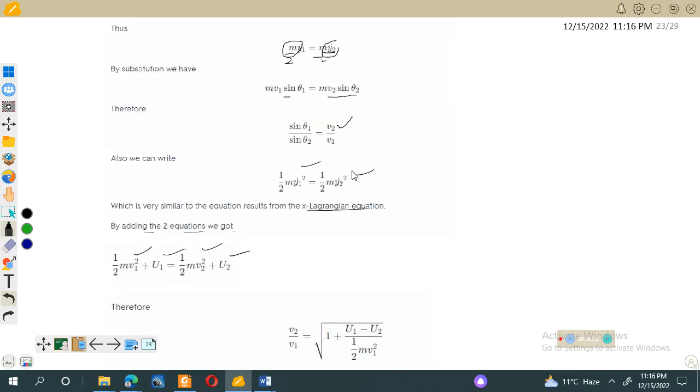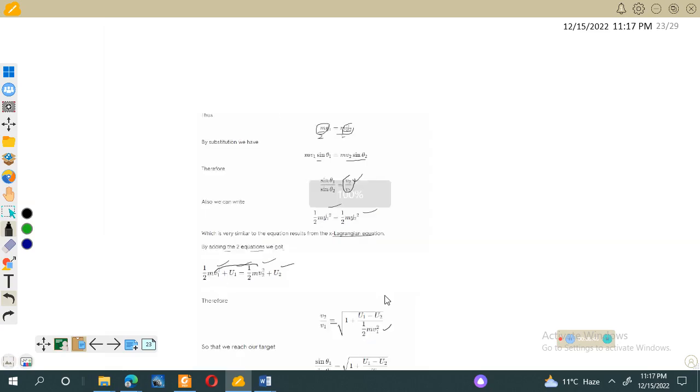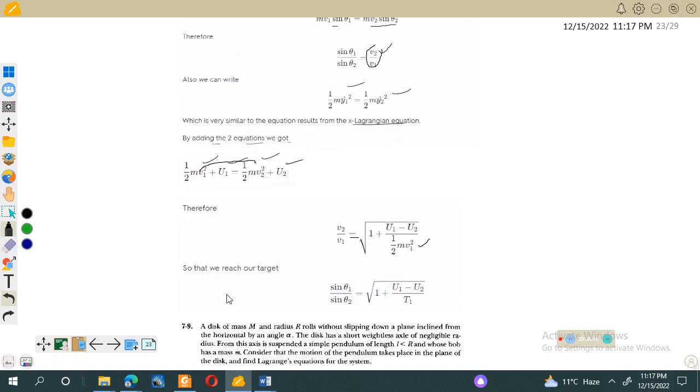Then v2 over v1 will be equal to, if we obtain the value of v1 over v2 in this expression, 1 plus u1 minus u2 divided by kinetic energy. And so we reach our target: sin theta 1, because v2 over v1 is sin theta 1 over sin theta 2.